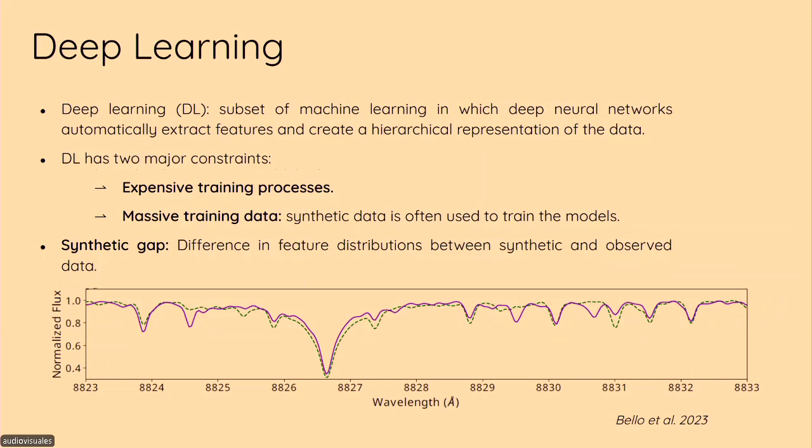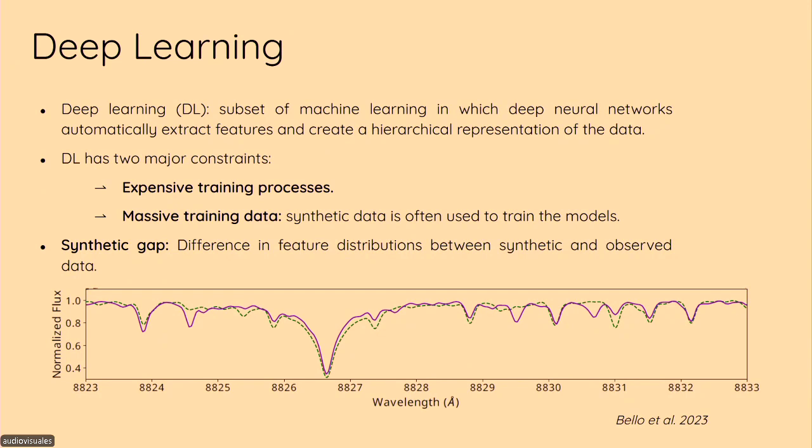So deep learning methodologies are, of course, very promising, but they have two major constraints when it comes to data dependence. One is that the training of these systems is very expensive in terms of both time and resources, and the other is that the training relies on massive, huge training data sets.